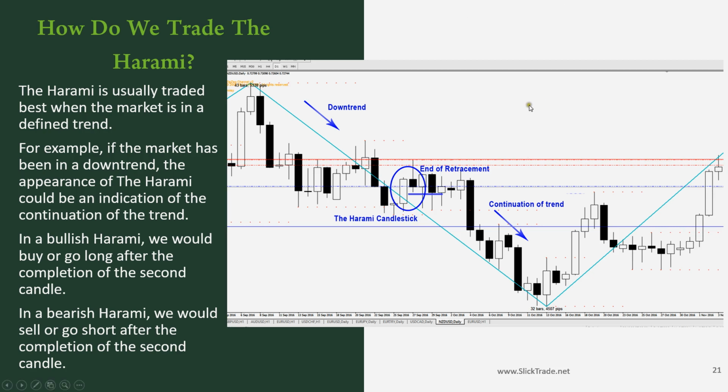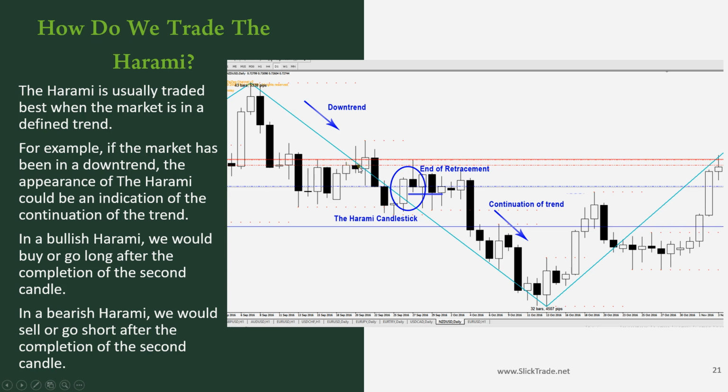In this example here, we have a downtrend that's occurring. Here, we have a retracement, and then it continues down. However, there's no Harami visible here. Yes, you could consider this to be a Harami. See that second candle?